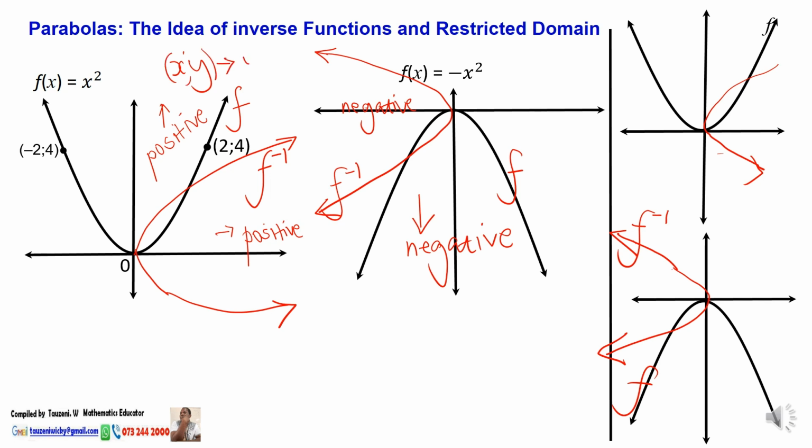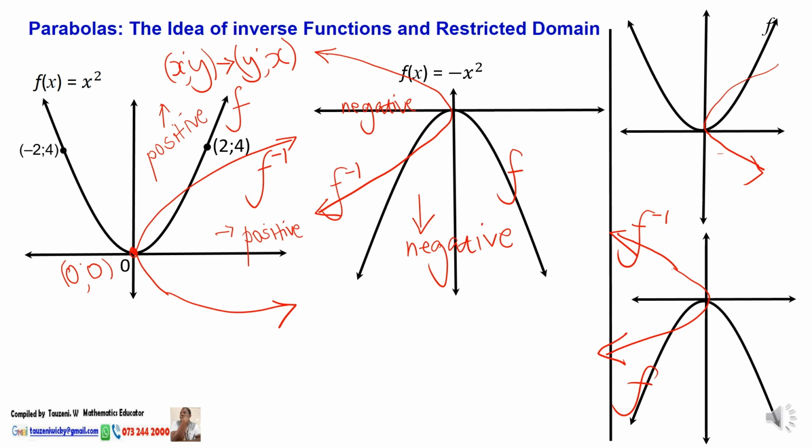That is another important idea. I have put 2 points in the first graph here just for illustration purposes. The graph is passing through (0, 0). If you swap 0 and 0, the coordinates will remain (0, 0). So it means my original function and the inverse are both passing through the point (0, 0).